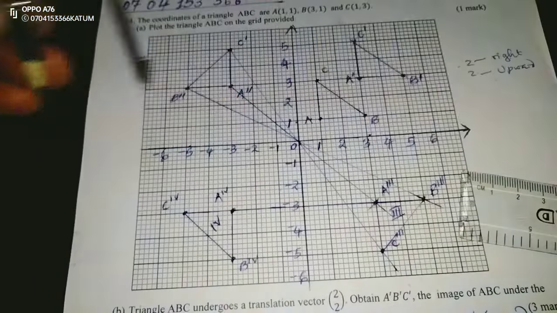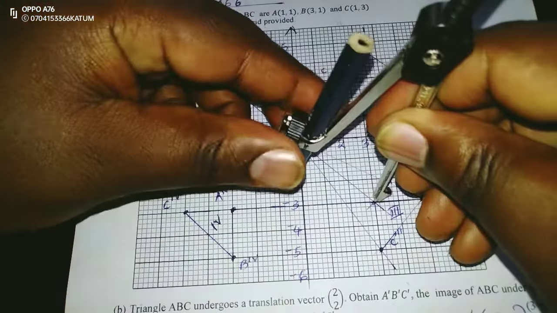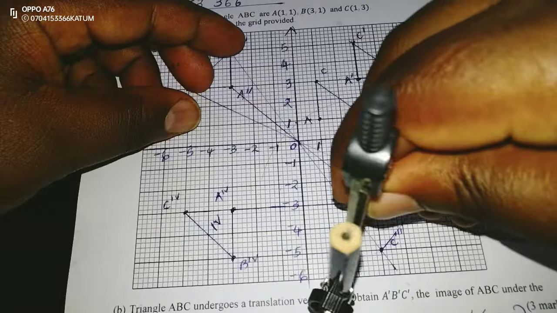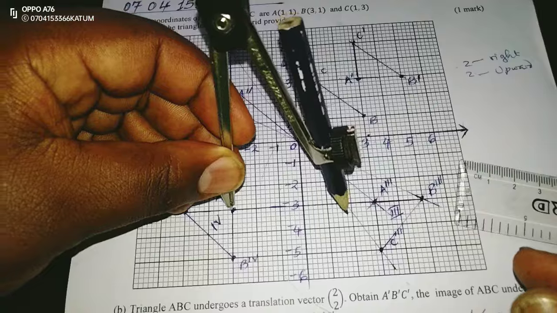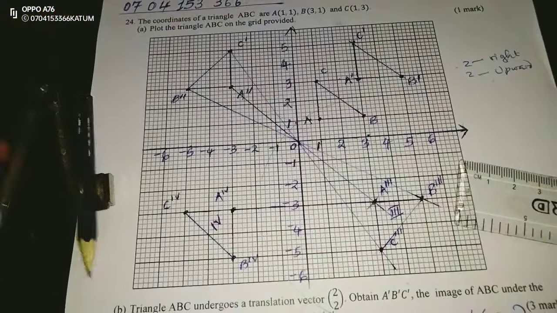Sorry, let me connect this one. So standing here, I'm going to bisect that line which connects A and the image. So this is the line.